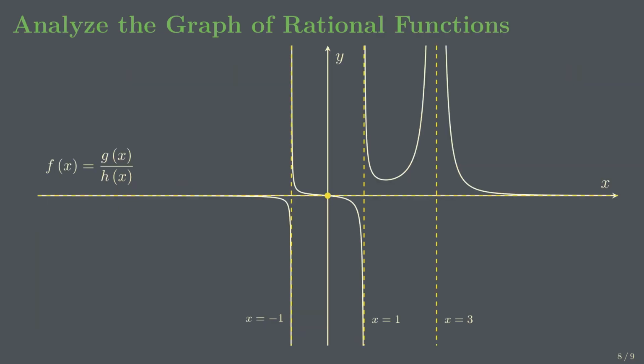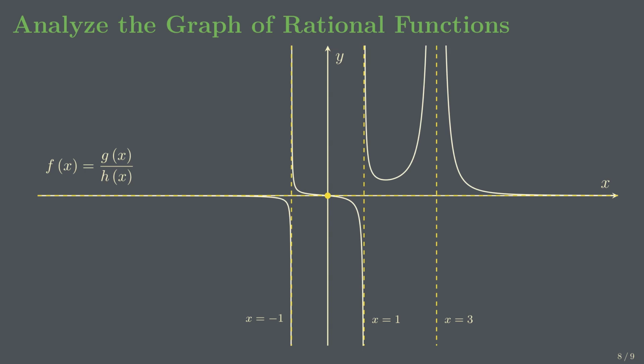Now we come to analyze the graph of rational functions. So in many cases, we do not have the explicit formula of a rational function, but instead we are given its graph. So how can we analyze the graph and say something about the formula of the rational function?